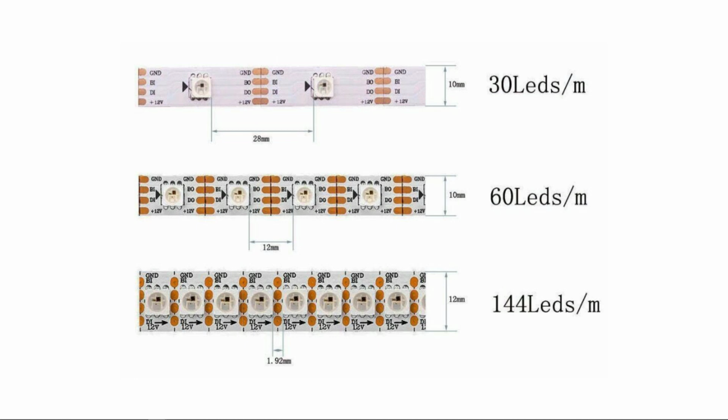Also density. I mentioned density, and notice that the cutting points become more granulated on the higher density. So the bottom one, 144 LED devices, surface mount devices per meter, allows you to cut on every single separation between one SMD and the next. That's pretty tight though for adding it into a connector.